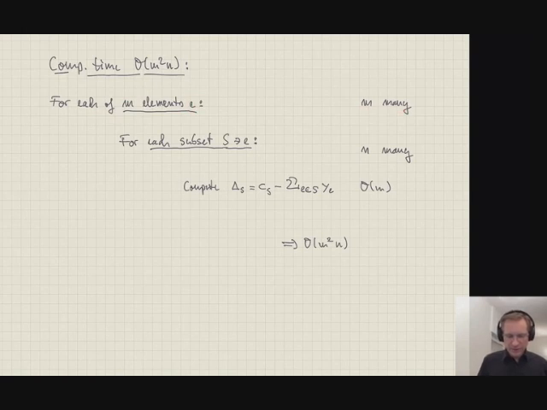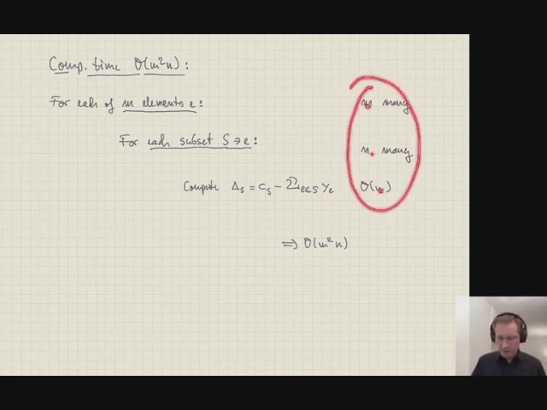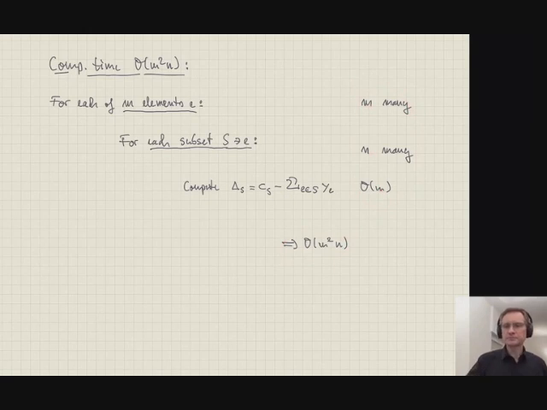And then for each fixed element, I have to figure out for all subsets that contain that element, and that is at most n many, I have to compute this quantity, namely the maximum amount by which I can increase the corresponding dual variable y_e. And that would be this delta here. And that is a summation over all the elements contained in subset S, and that's at most m many, right? So in total, that would be m times n, order m squared n.